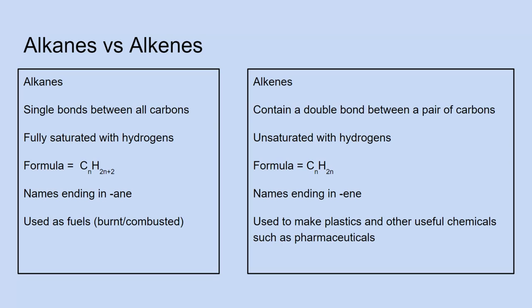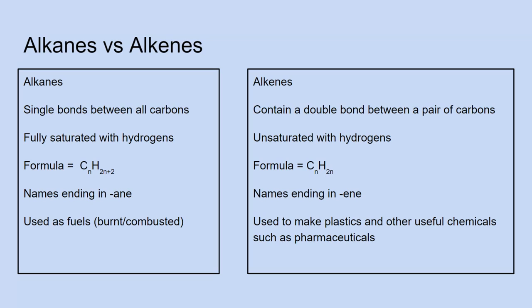So alkenes are slightly different, and you need to be able to tell the difference between alkanes and alkenes. So alkenes contain a double bond between a pair of carbons. Now at GCSE, you are only expected to know that that double bond is on the terminal of your chain of carbons, which means it's on the end of the carbons.